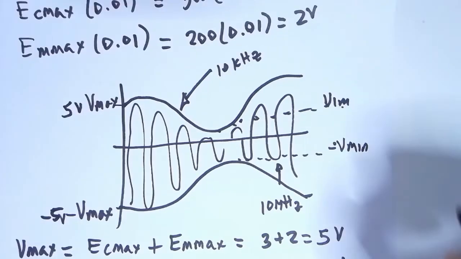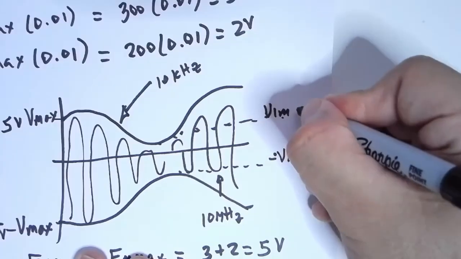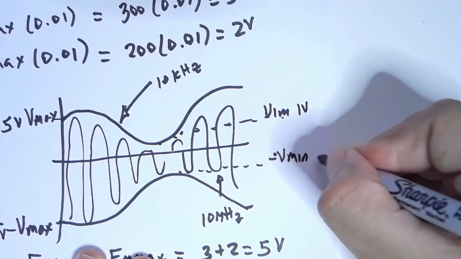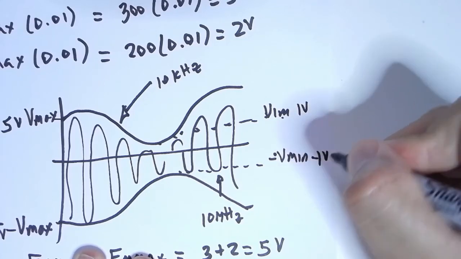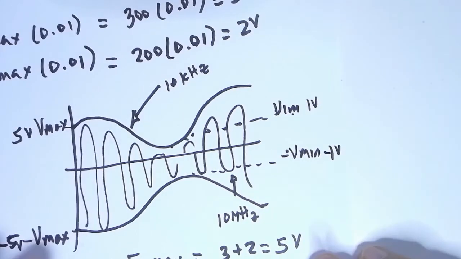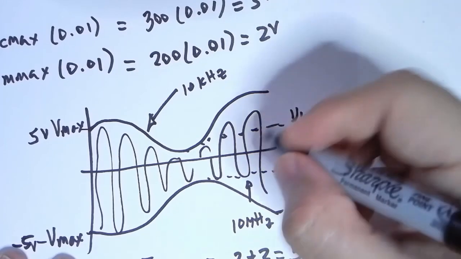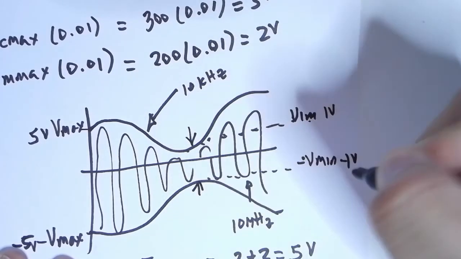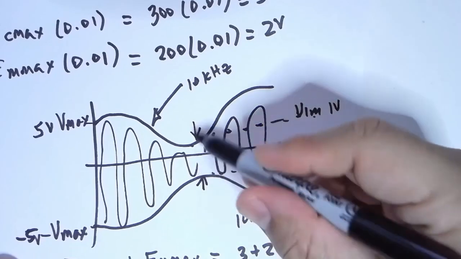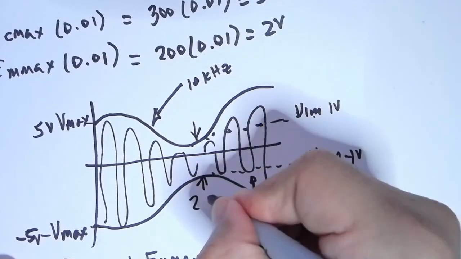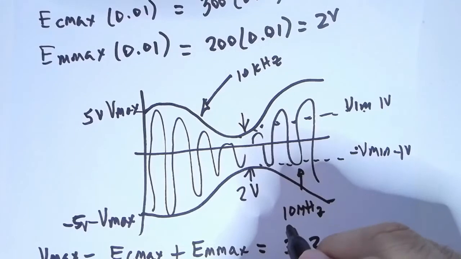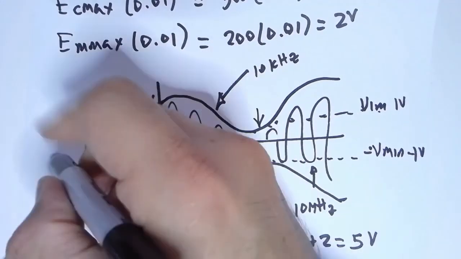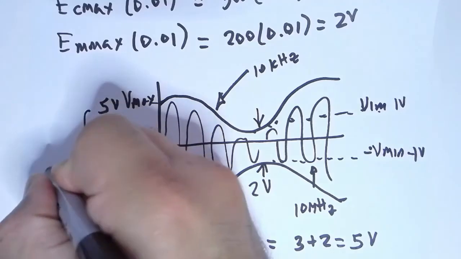Vmin is 1 volt, negative Vmin is minus 1 volt, and the peak to peak Vmin voltage is going to be 2 volts. The peak to peak Vmax voltage is going to be 10 volts.